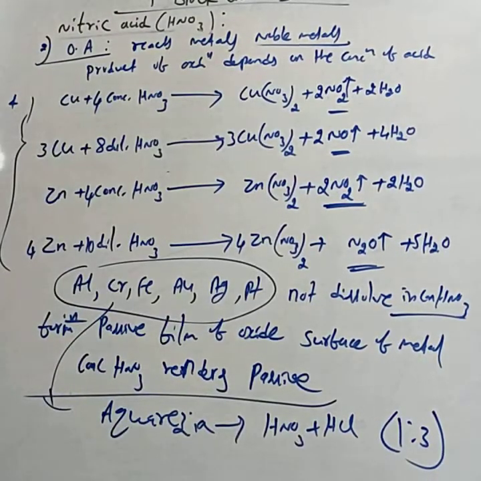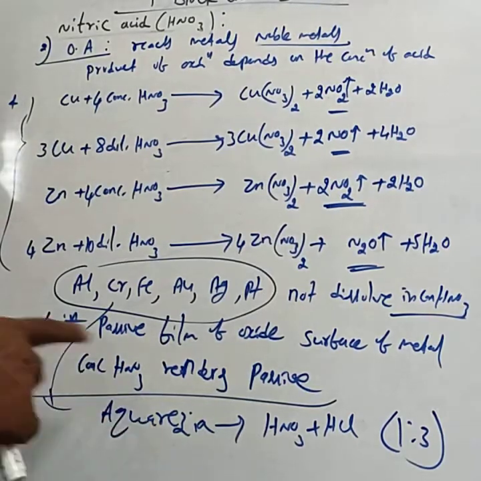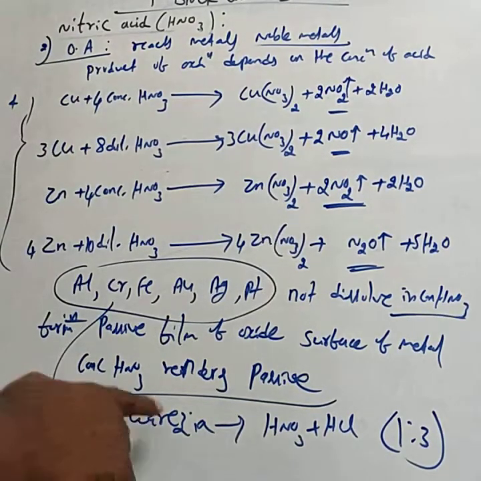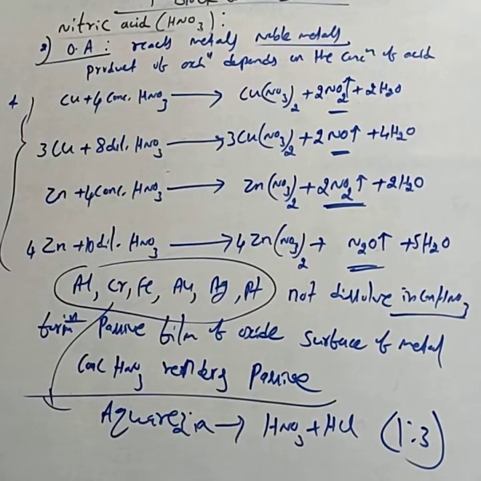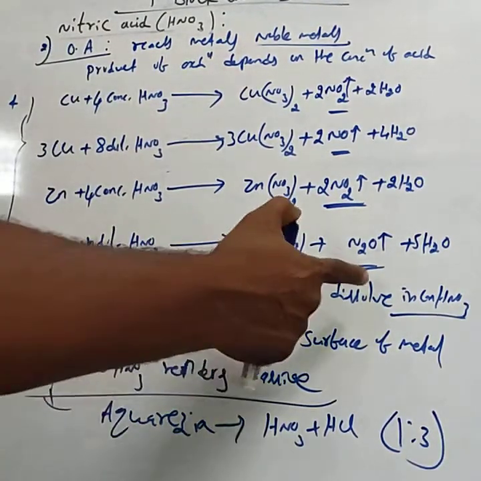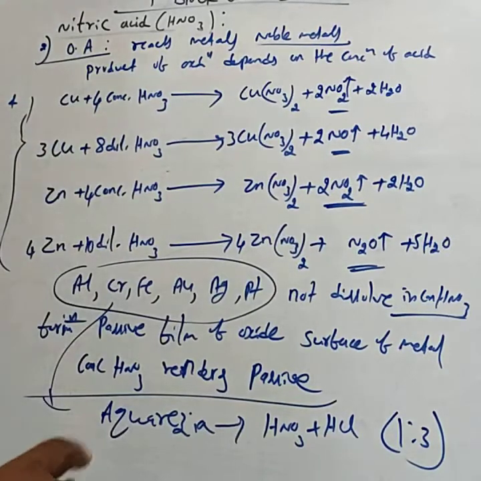Aqua regia is used to dissolve the noble metals, but with concentrated HNO3, these metals become passive. This is the reaction with the metals.